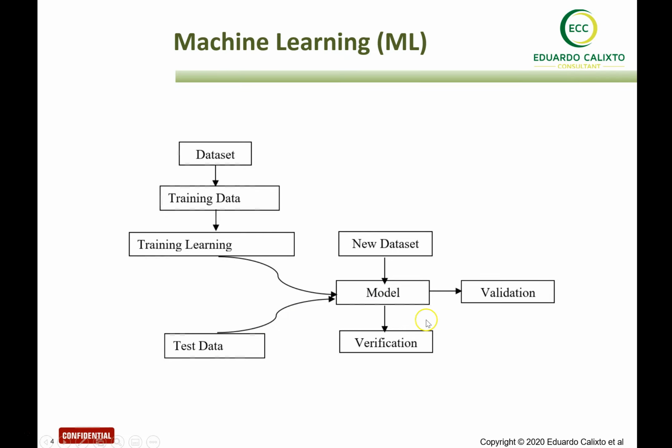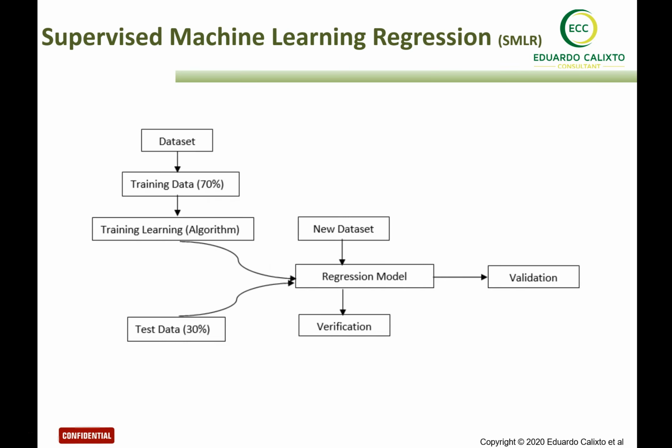Then, by selecting a model, we use the training data to calibrate the model and calculate the error. After that, we apply the 30% of the data set that is randomly selected to test and verify the model. If the error is acceptable, we come out with a new data set and make predictions. Based on the error on the new data set, we validate the model. Then we can use this model for similar data sets concerning the similar context that we are using from the very beginning.